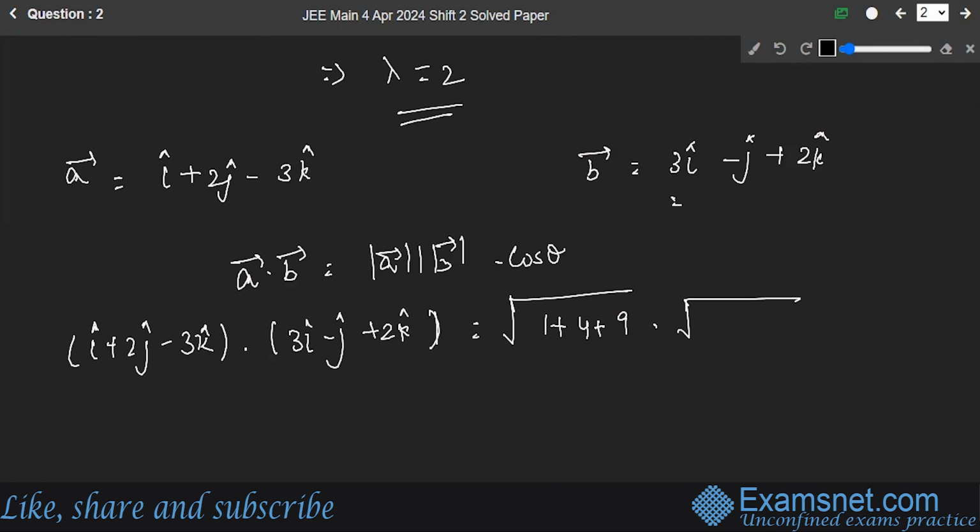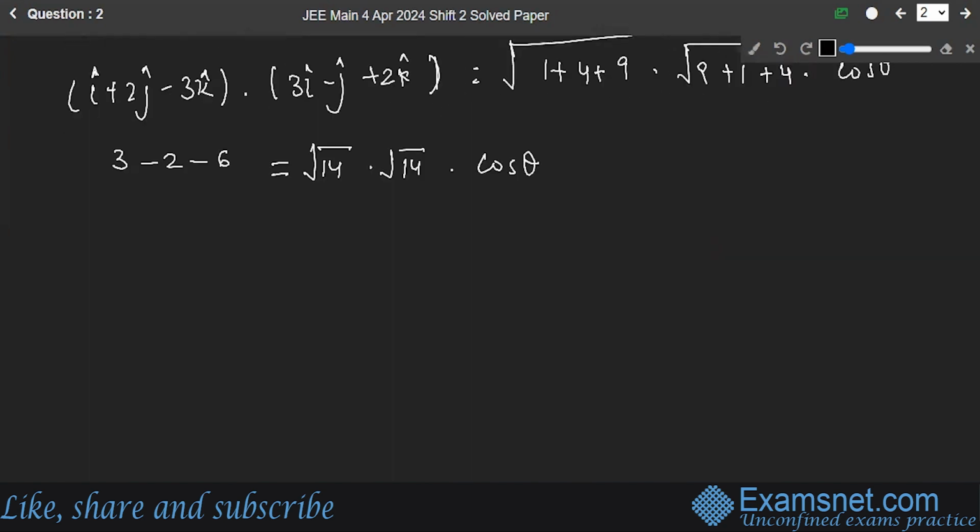Multiply root of 3 square, 9, plus minus 1 square, 1, plus 2 square, this is 4, into cos of theta. So this will give me 3 minus 2 minus 6 is equal to root 14 into, again, root 14 into cos theta. So this will give me minus 5 upon 14 is equal to cos theta.